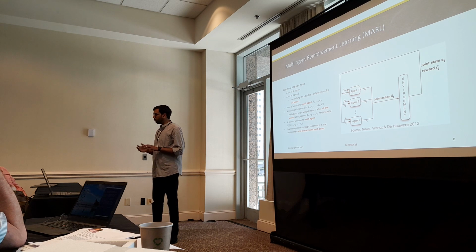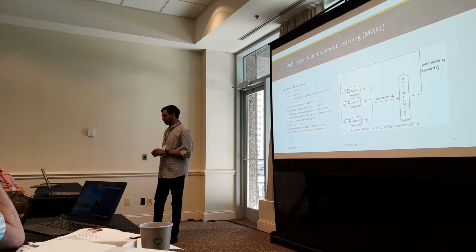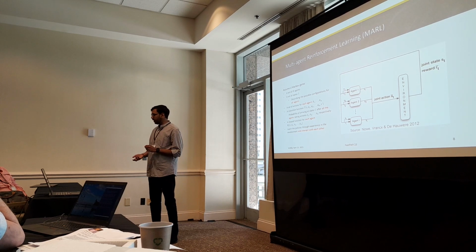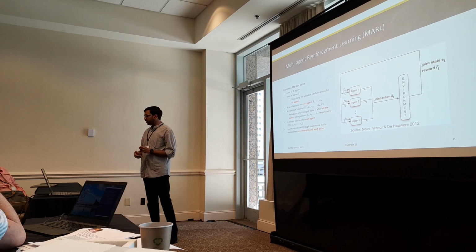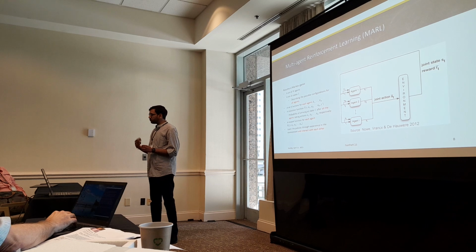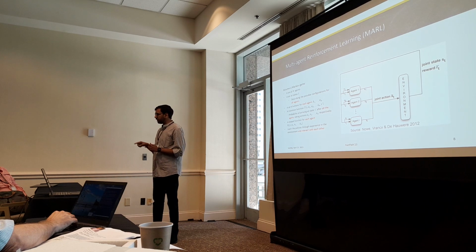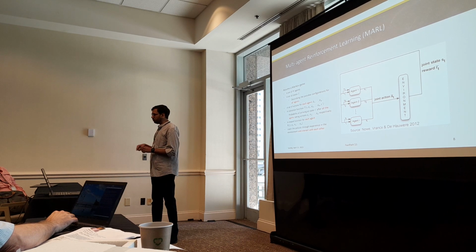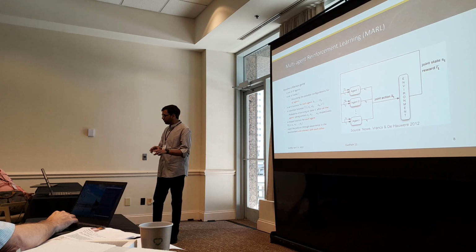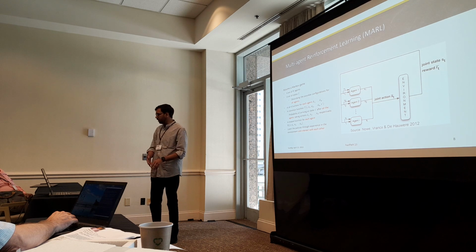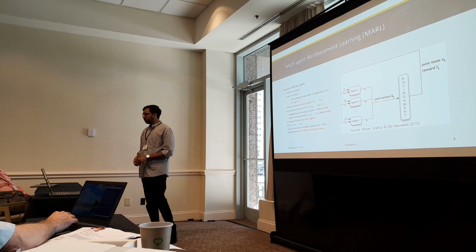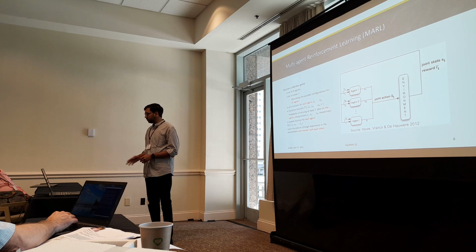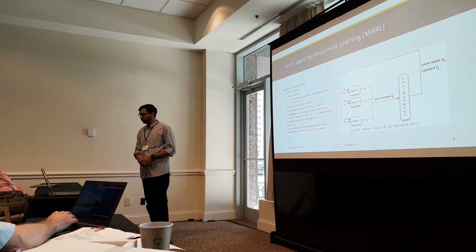The policy is individual to each agent, so each agent executes an action on the environment, and the value function, instead of taking a single agent's state-action pair, takes all the agents' observations and actions. That's how each agent gets to know what the other agents are doing in the environment. I'll also be discussing one of the applications with a real world example, so maybe that will be clear.